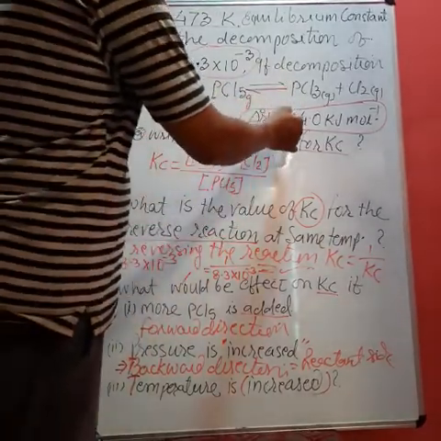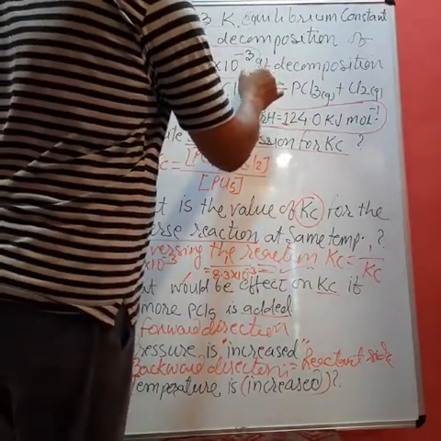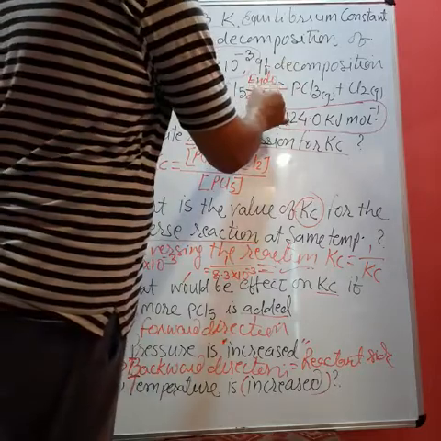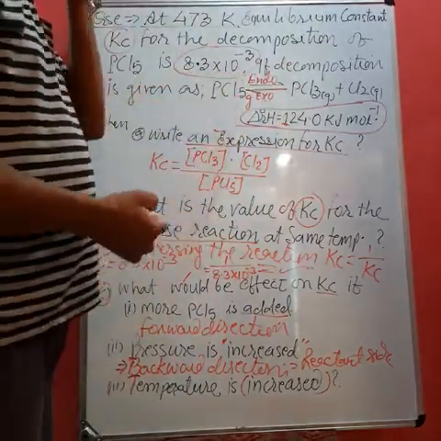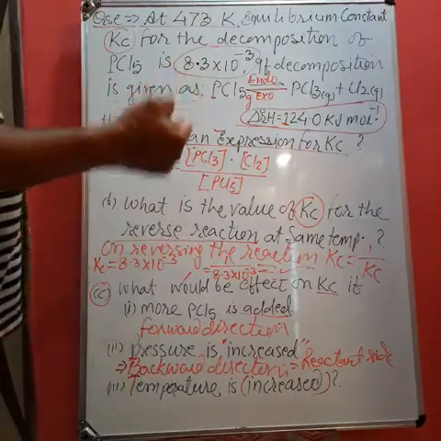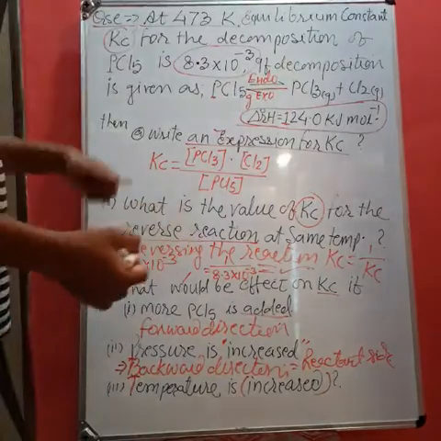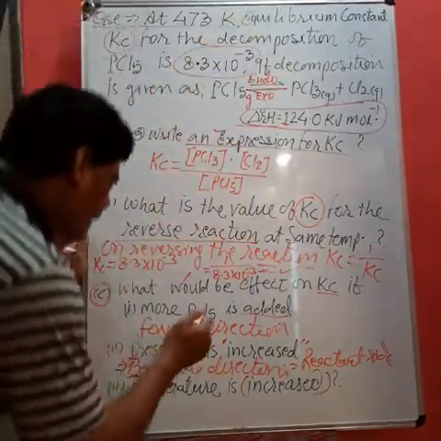So it is given with the positive value. That is, the forward direction is the endothermic direction, while the backward direction is the exothermic direction. So the forward direction reaction is endothermic, that means the reaction is endothermic, so on increasing the temperature, the reaction will shift to the endothermic direction.